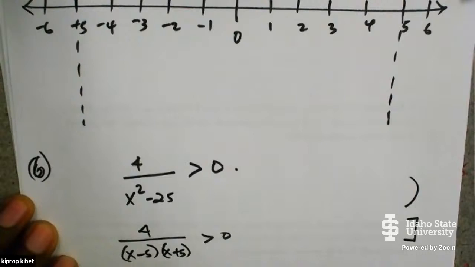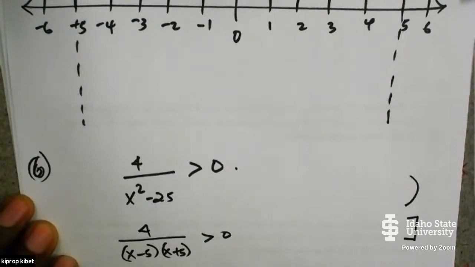Now, if we bring minus 6 here, we have 4 all over minus 6 minus 5, minus 6 plus 5. Is this greater than 0?